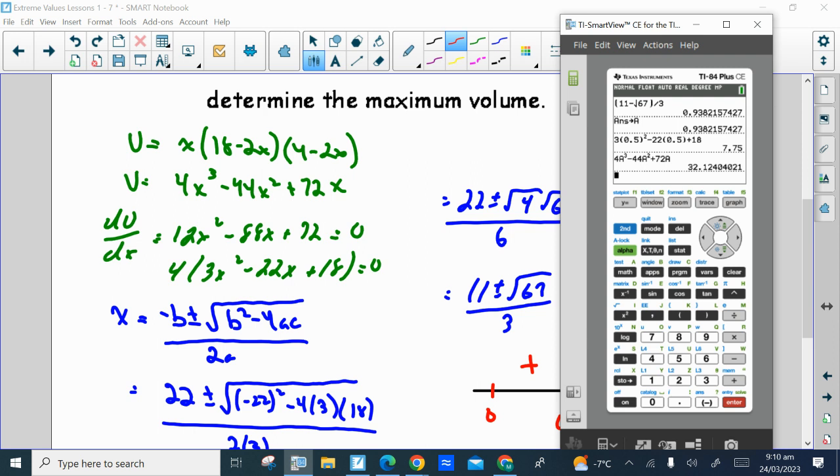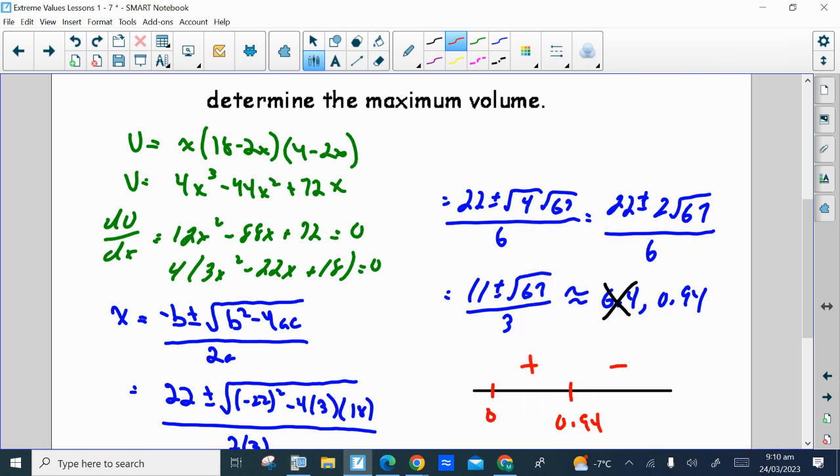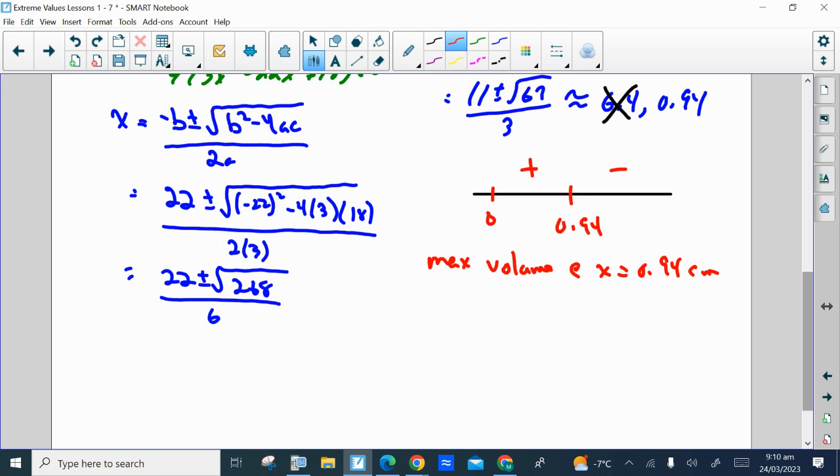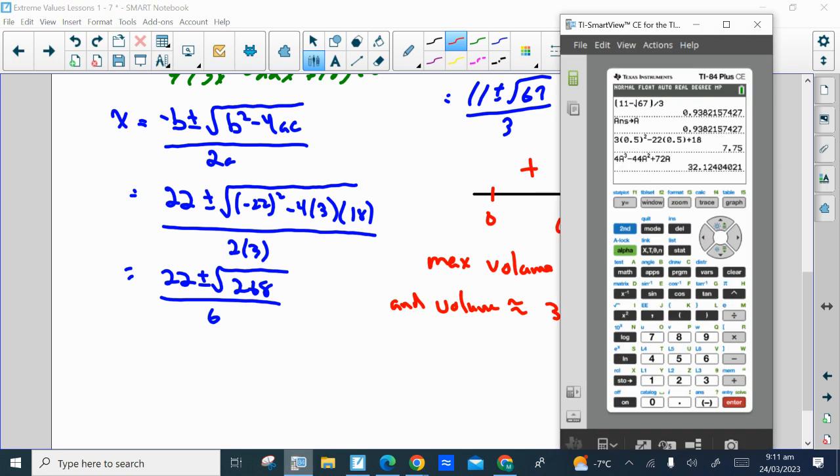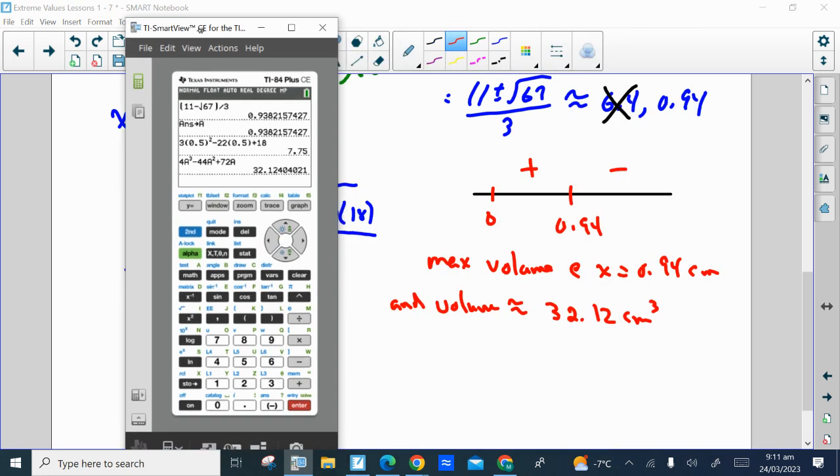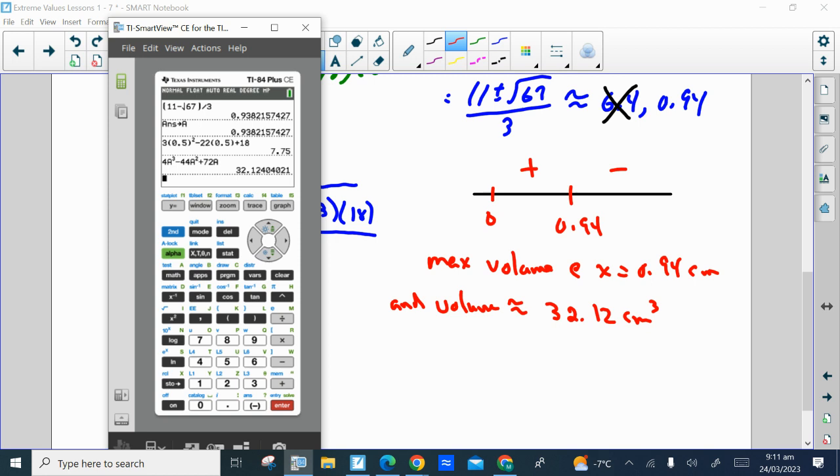So there's our maximum volume, approximately 32.12 cubic centimeters.